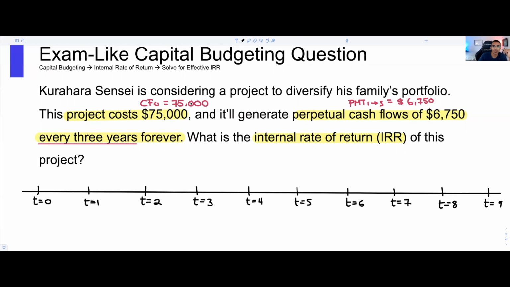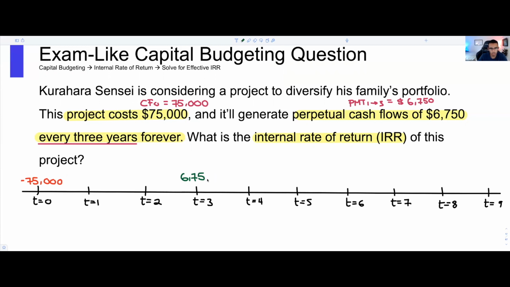It's helpful. So we're going to have minus, right? That's our cash outflow today, minus $75,000. And then we're going to use green to highlight our cash inflows. So we know that this will happen every 3 years.